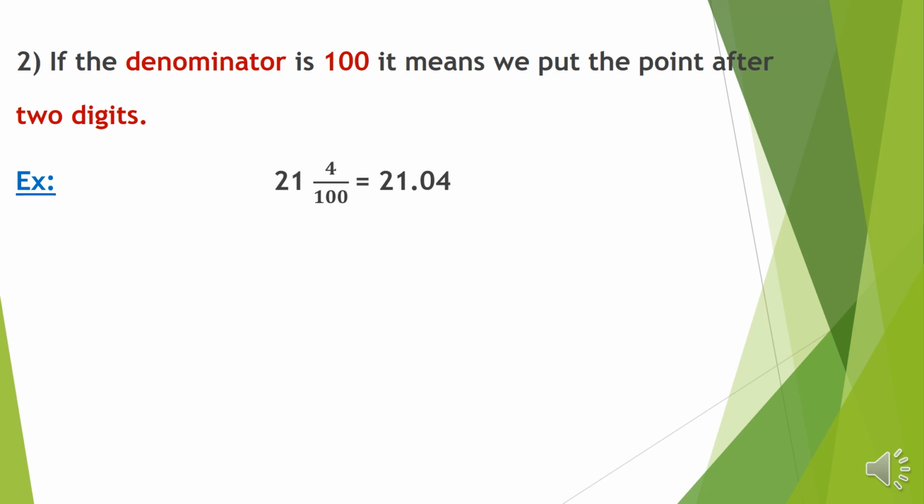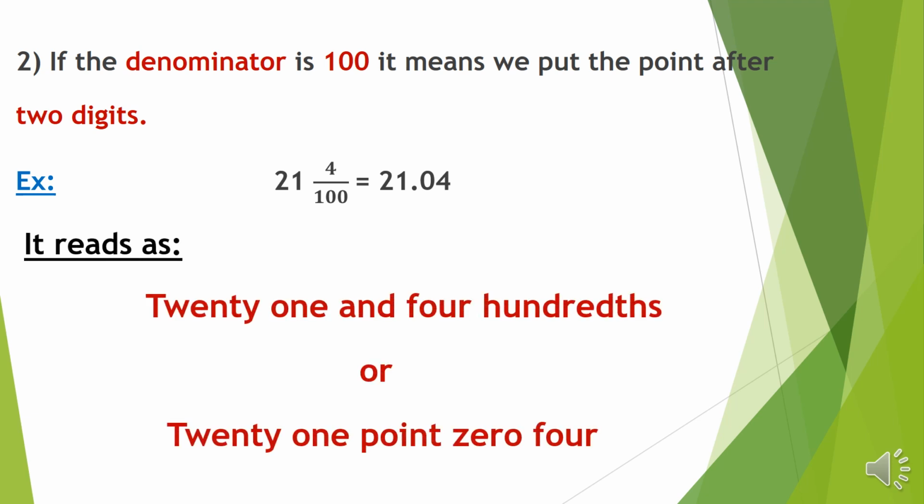So here we have two digits after the decimal point. It reads as 21 and 4 hundredths, or 21.04.